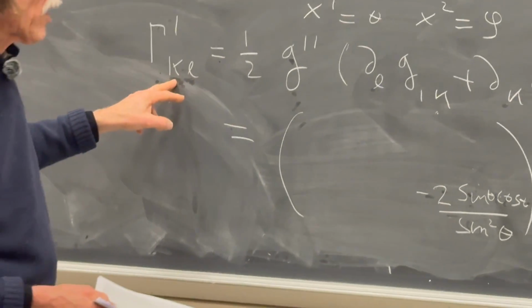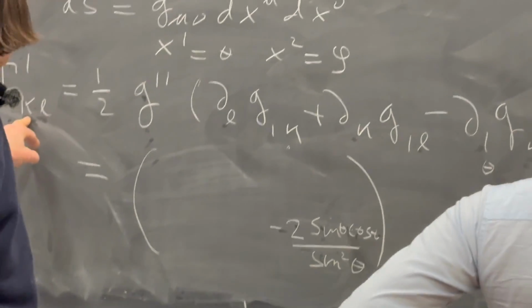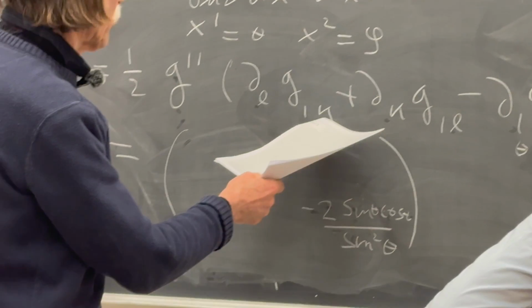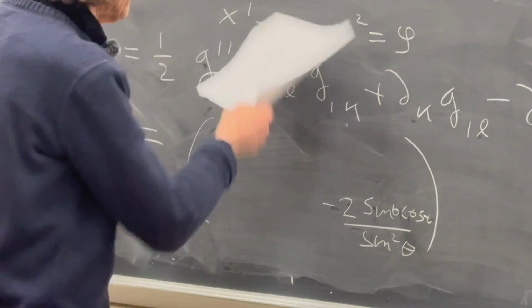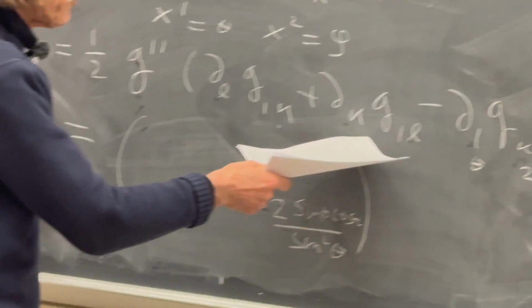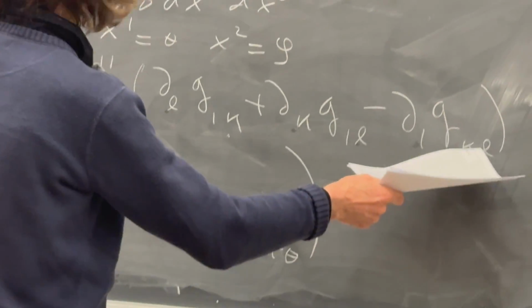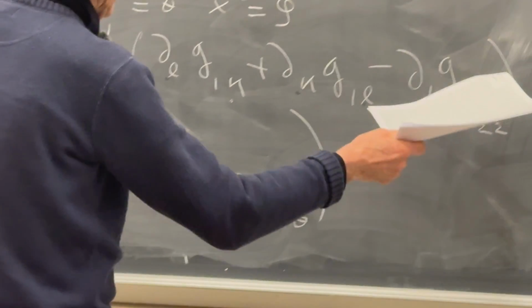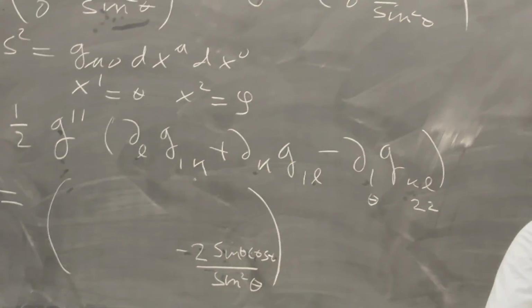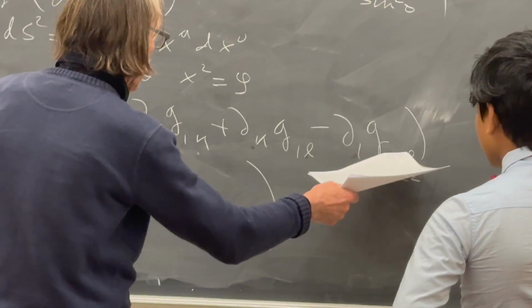When they are both 1, then this is a 1, so it is 0 where you differentiate. This is 0 where you differentiate, and this is also 1, that is 0. When there's a 1 and a 0, this is 0.